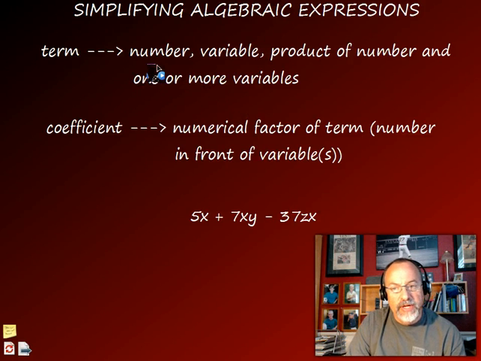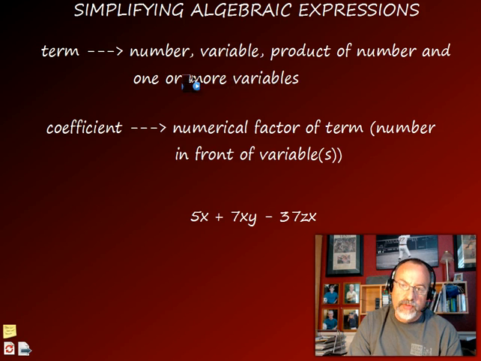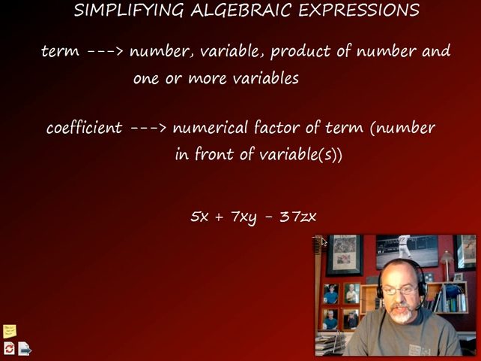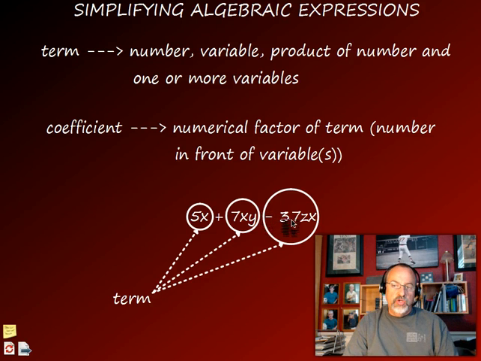What's a term? A term can be a number, a variable, or a product of a number and one or more variables. So if you're looking at this algebraic expression down here, each one of these is its own term. You have a positive 5x, you have a positive 7xy, and you have a negative 37zx. The sign that's in front of the number goes with that term.